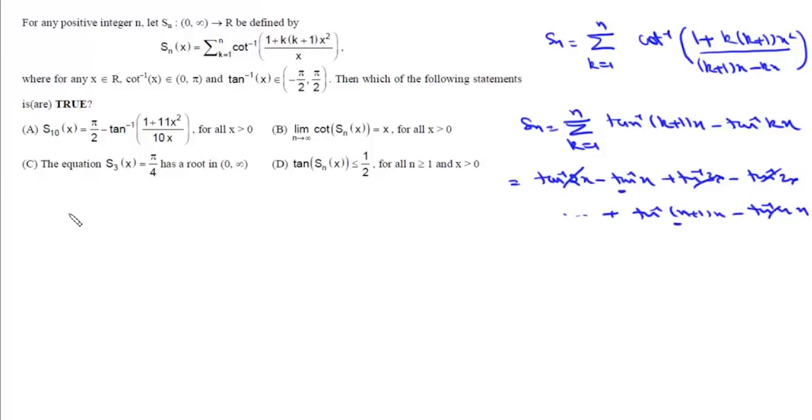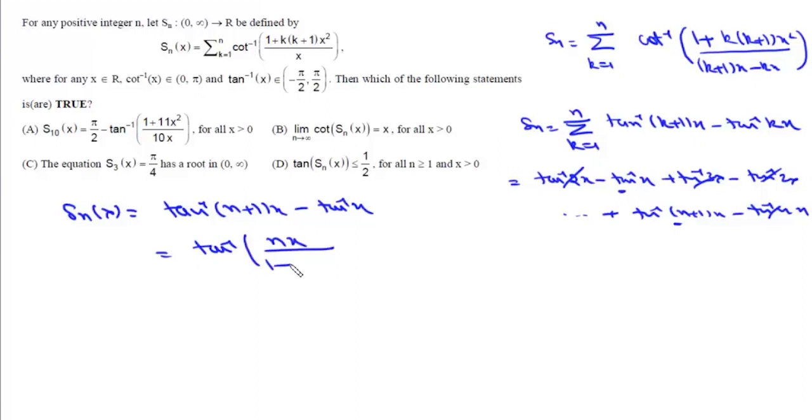So we can write Sn as tan inverse n plus 1x minus tan inverse of x, or we can write this as tan inverse nx upon 1 plus n plus 1 into x square. So that's a function Snx. Now domain of this function is from 0 to infinity.